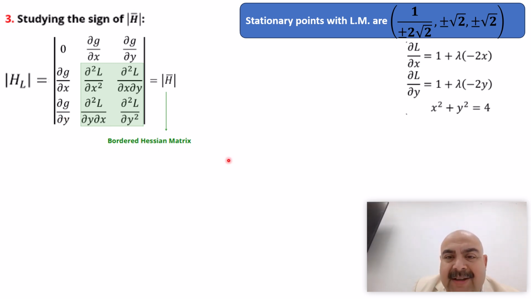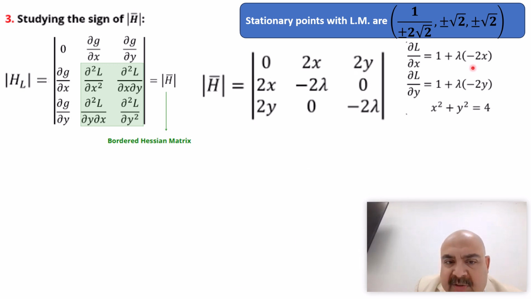Now I will get the second order derivative of the Lagrangian function with respect to x. That's the first partial derivative. So I will differentiate this guy once more with respect to x. Differentiating this guy with respect to x once more will develop negative 2 lambda, as you can see.